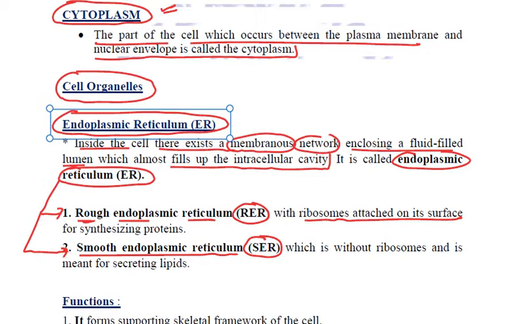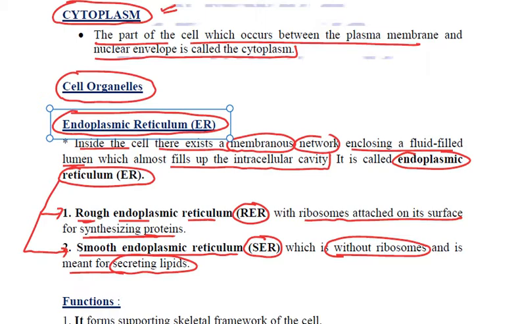So RER has ribosomes and therefore it helps in the process of synthesizing proteins. SER, that is smooth endoplasmic reticulum. Its surface is smooth because no ribosomes are attached to it. This SER is meant for secreting lipids.